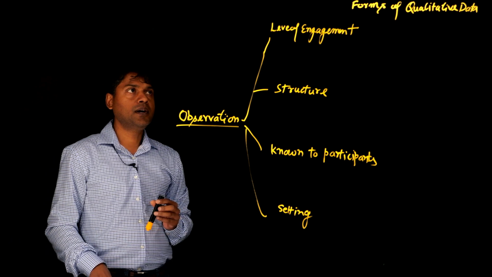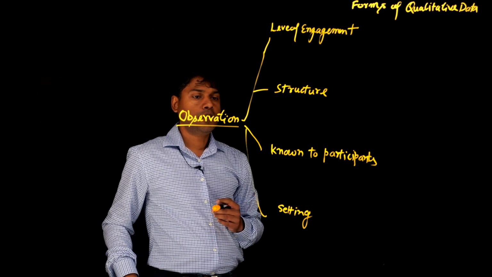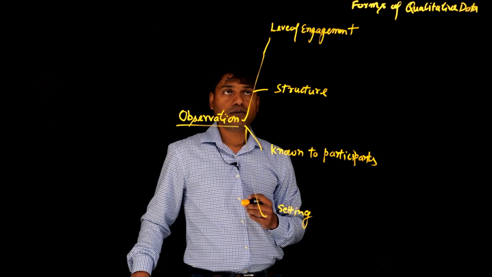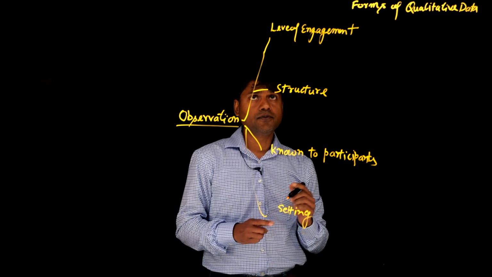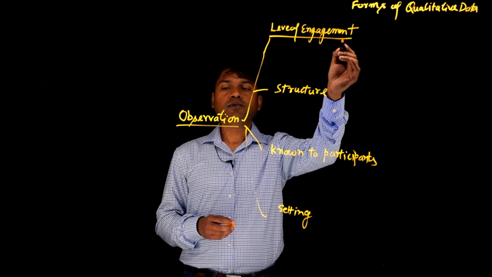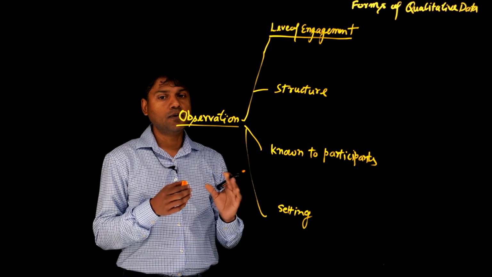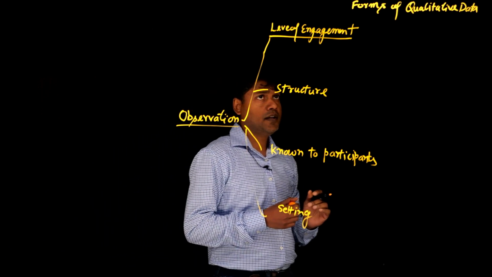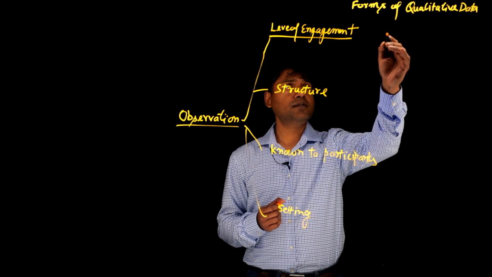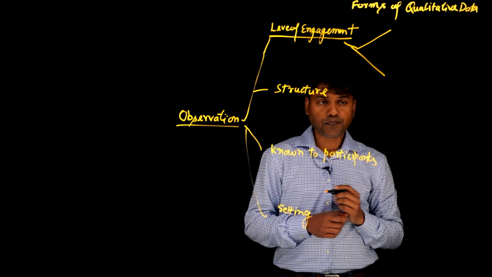Now let's talk about the different forms of observation that a qualitative researcher does. So the first form of qualitative observation is level of engagement. In terms of level of engagement, there are two kinds of observations made by a qualitative researcher.